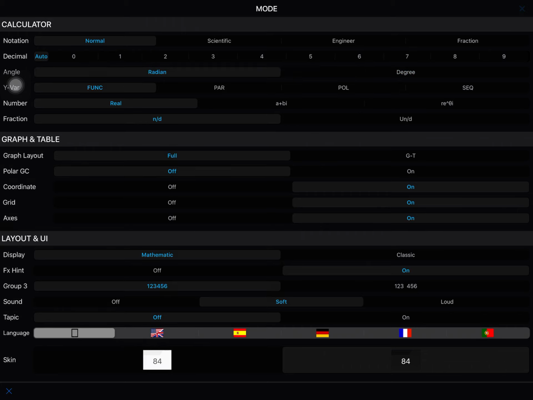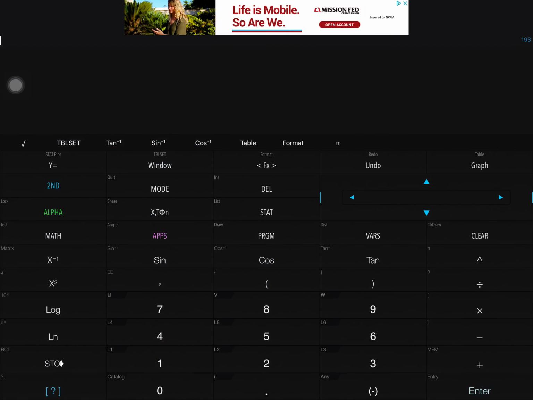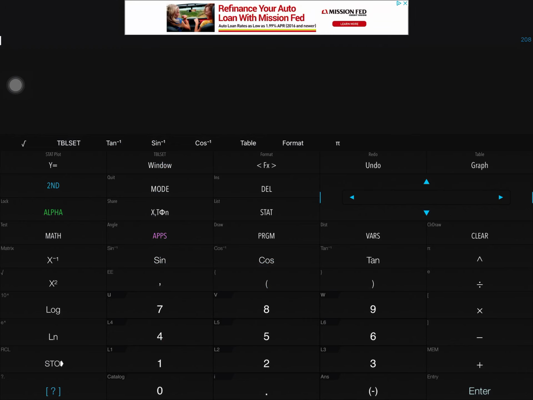Once I do that, I'm going to close my window, and then I'm going to do arcsine. So arcsine is the hyperlink over here, the upper option. So I have to do second, and now I'm going to click, I think it was cosine, arc cosine, and I'm going to plug in 0.3, and then press enter.